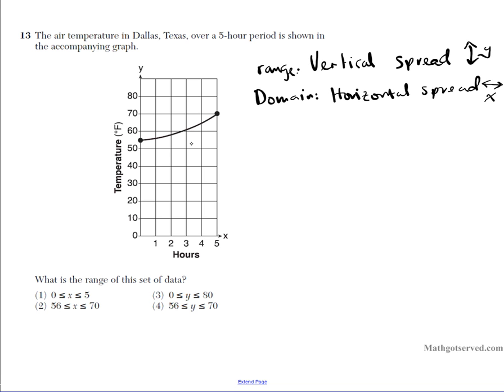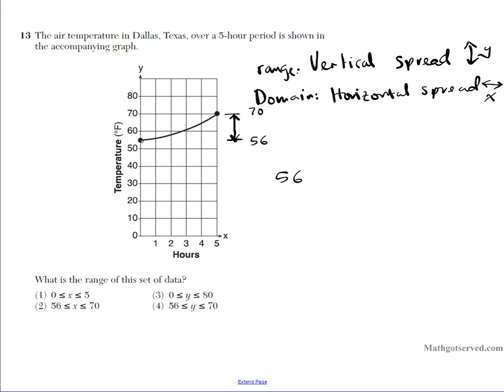And then the domain, you're going along your x-axis, right? Okay, so let's take a look at this graph. To find the range, I'm looking at the vertical span or spread of this graph. This is the high point, and this right here is a low point. The spread from this value to this value is my range. The lower range is around 56, and the upper range is around 70, and y assumes any value between these two. So we're going to have 56.